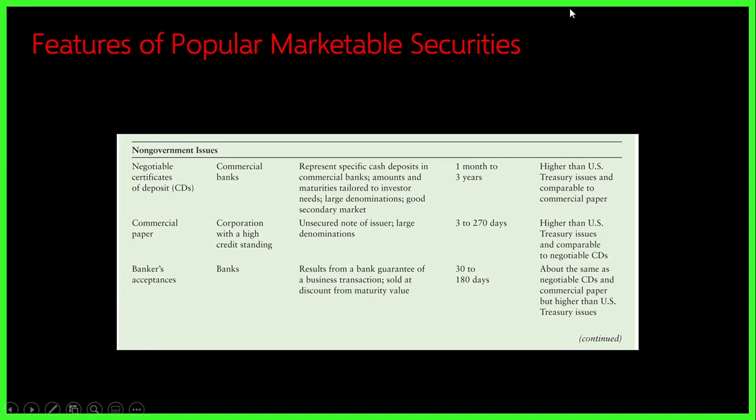But take note, the risk can also be used as an indicator for your return. So once you can identify the level of the risk of a security as compared to other securities, you will now have an idea on the expected return. The higher the risk, the higher the return.